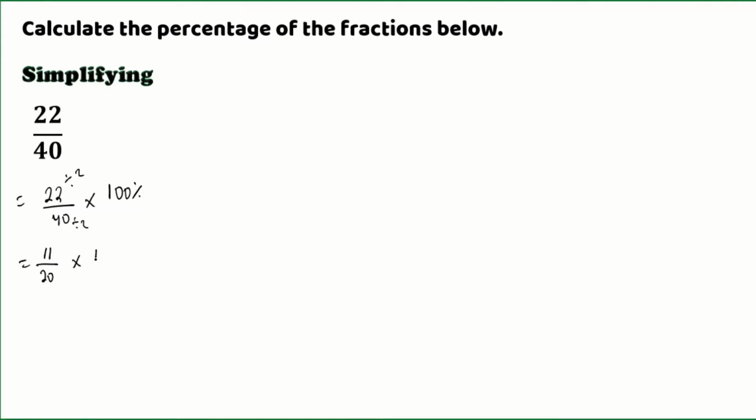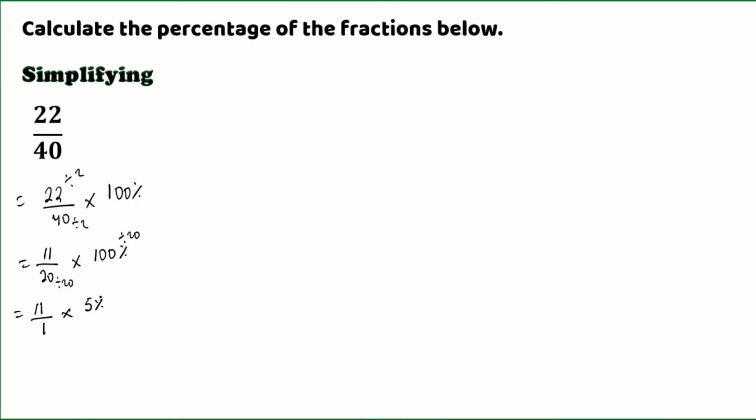And remember that this is still being multiplied to 100%. And now I'm going to reduce my 20 and 100% by dividing both numbers by 20. So our 11 will return. Our 20 divided by 20 will equal 1. And 100 divided by 20 is equal to 5%.